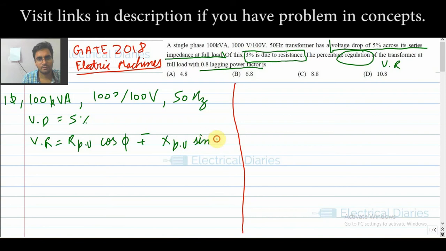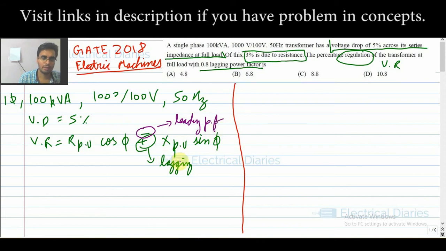Here we have plus for lagging power factors and minus for leading power factors. This you should remember. Now the power factor is given, so I have to use 0.8 for cos phi, and sin phi will be 0.6.